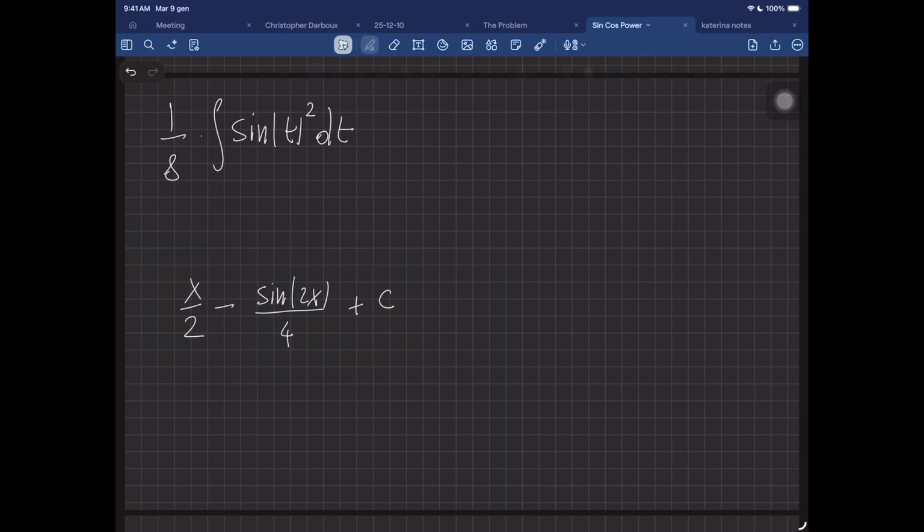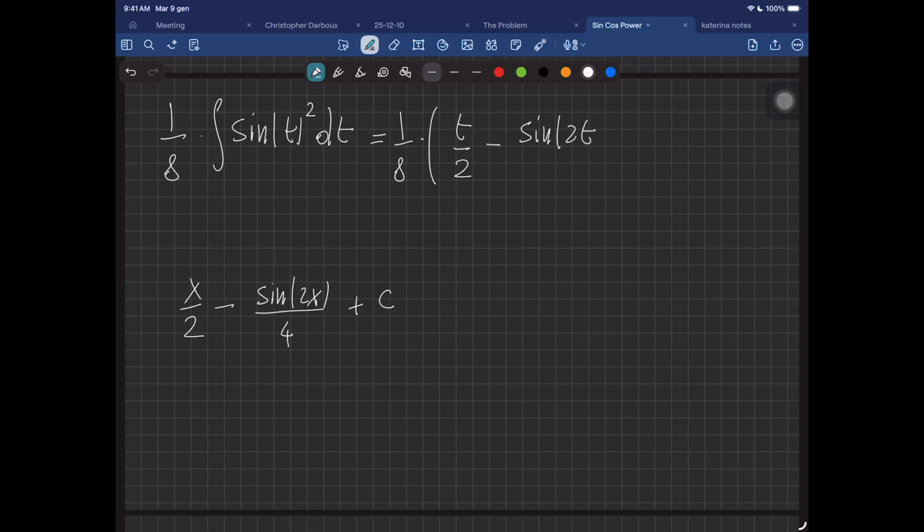So now, using this formula, I can integrate this factor. So this is going to become 1 over 8 times, instead of x I have t, so this is t over 2 minus the sine of 2t over 4 plus a constant.